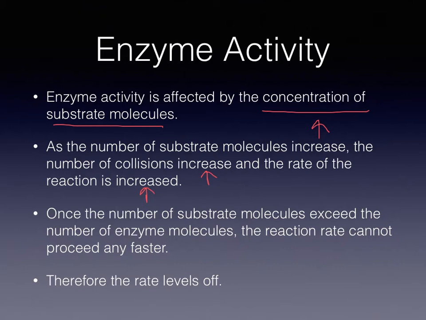Once the number of substrate molecules exceeds the number of enzyme molecules, the reaction can't proceed any faster. So therefore, the rate levels off. So basically, you ran out of enzyme molecules to react with the substrate, so you can't go any faster than you are.